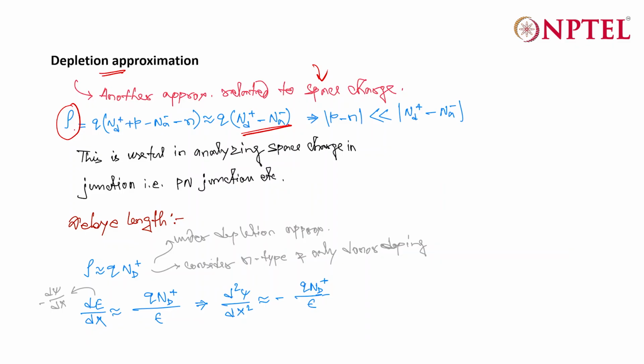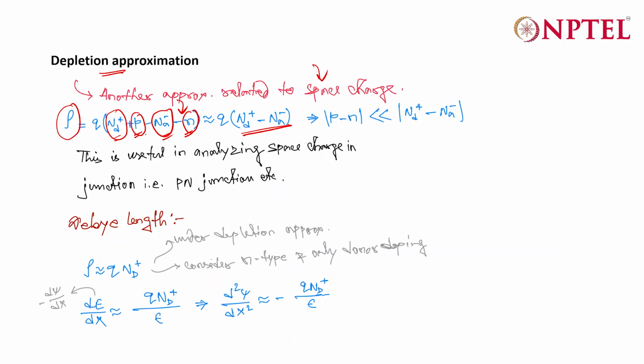So we know that rho is equal to Q into Nd plus P minus Na minus N. In this equation, your P minus N term is much lower than the Nd plus minus Na minus term.